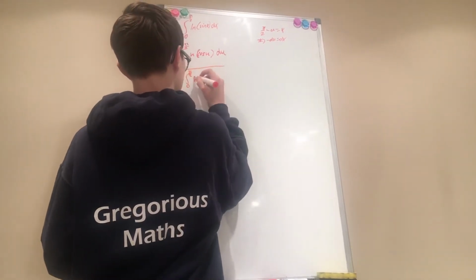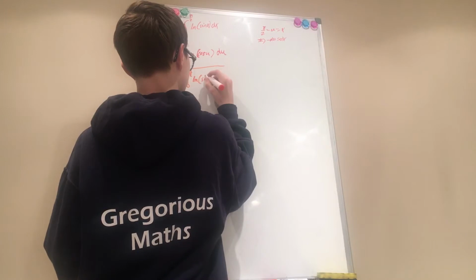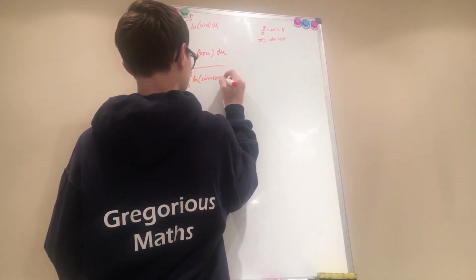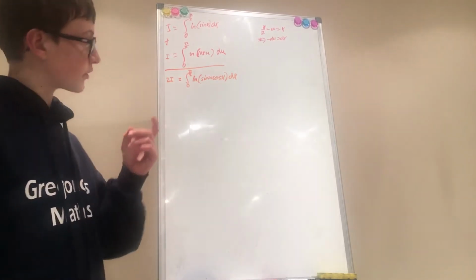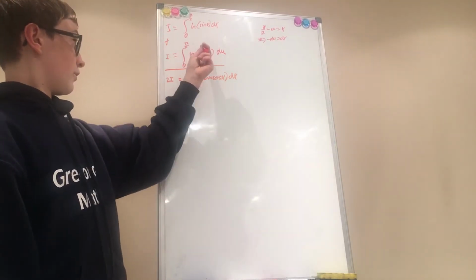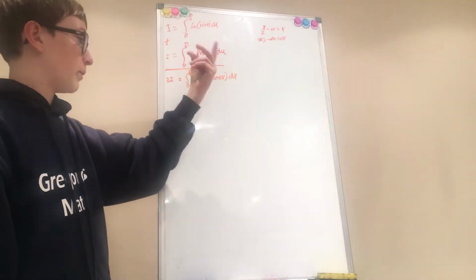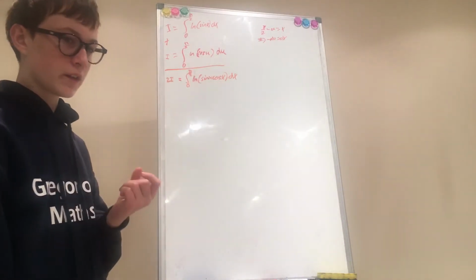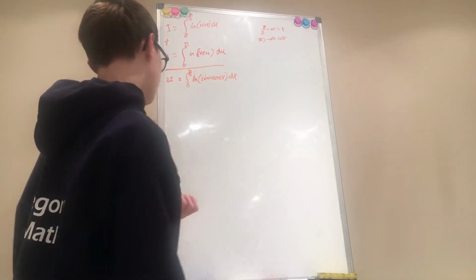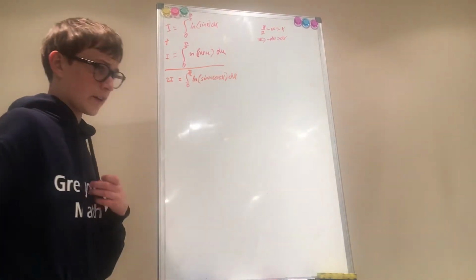Okay? So we have our ln of sine x cosine x dx. Why is this cosine x and not u? Well, this u, once we've done our substitution and plugged in all of the stuff, is a dummy variable. It doesn't make a difference what it's called. Okay? So we can change it to an x.